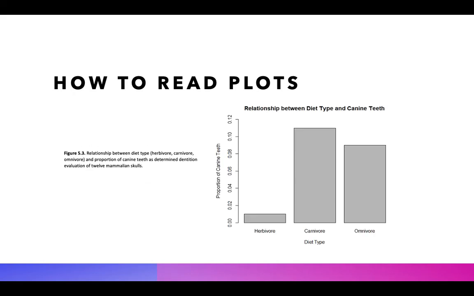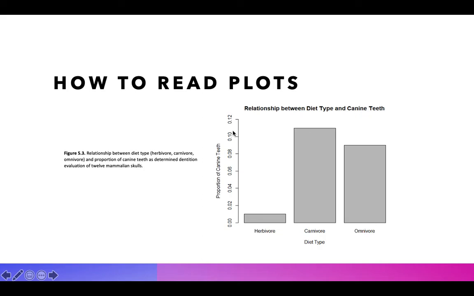So here's one. Those questions aren't always the most applied, but anyways, for axes, on the y-axis you've got proportion of canine teeth, and then down here you've got the diet type, so herbivore, carnivore, omnivore. Proportion of canine teeth means down here your canine teeth are small proportional to the rest of your dentition, and then up here your canine teeth are very large compared to the rest of your dentition.